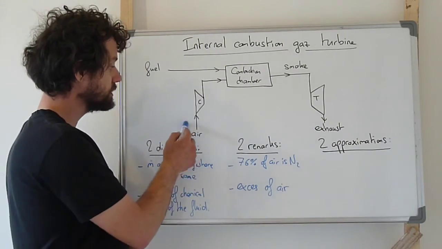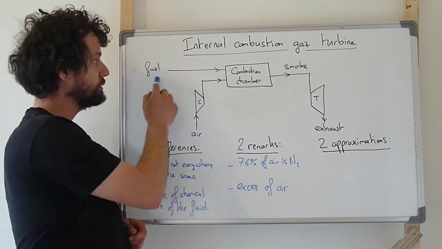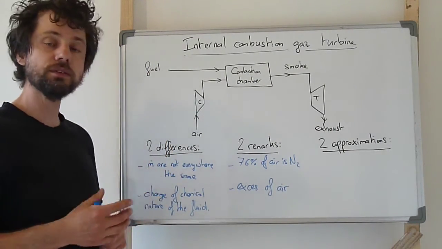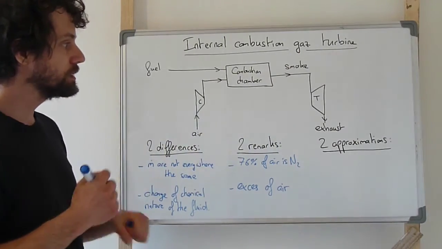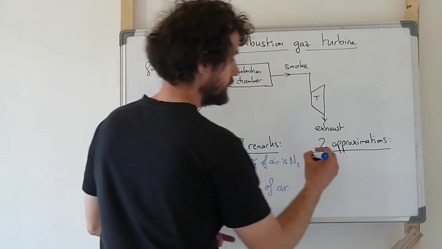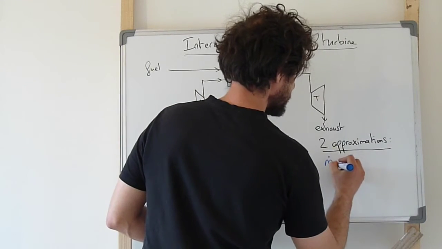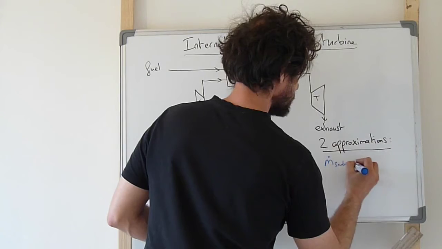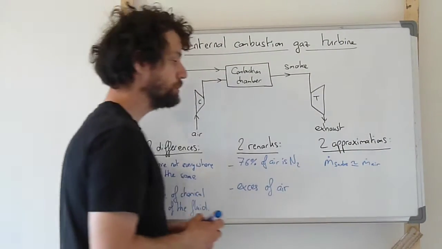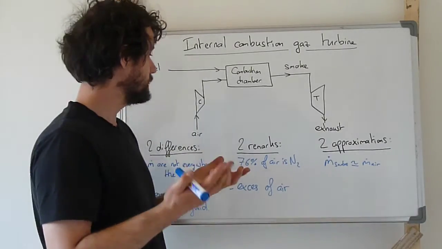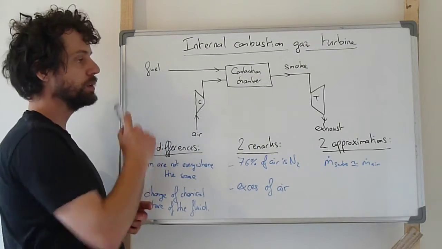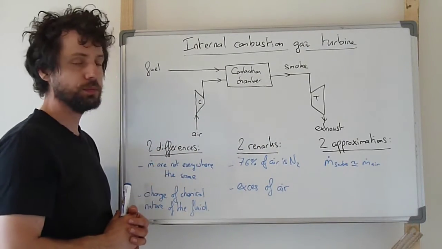It means that most of the mass flow rate is air, and the mass flow rate of fuel is really small compared to the mass flow rate of air. So this can lead to a reasonable approximation that the mass flow rate of smoke is almost equal to the mass flow rate of air, and so we can reasonably neglect the change of mass flow rate due to the fuel addition in the combustion chamber.